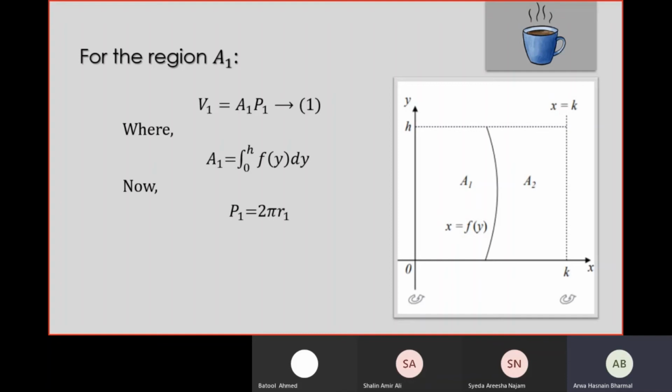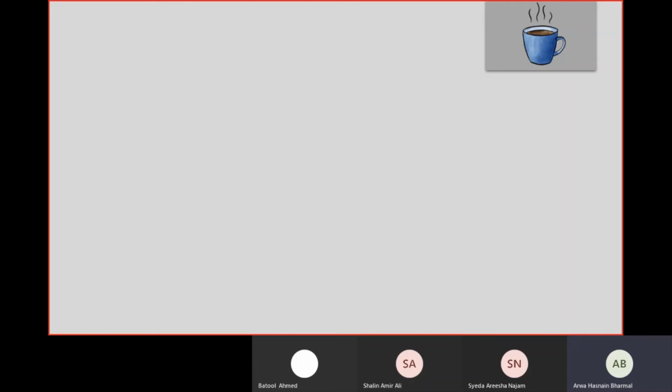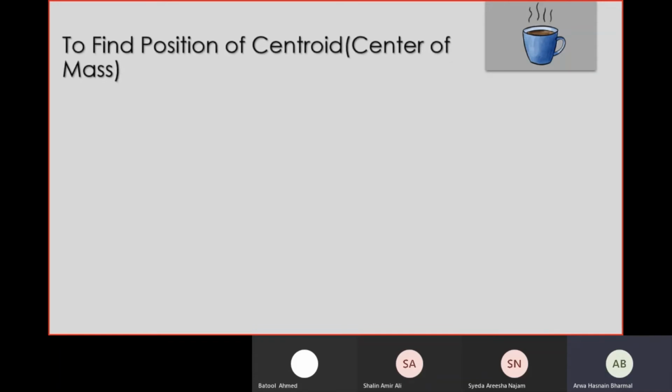Now here r1 is the distance of the centroid of the region from the y-axis, which is given by the x-coordinate of the centroid. Now, if you want to find the position of the centroid of any region, the formula for finding the x-coordinate of the centroid is given by the total moment in the x direction, or the total moment across the y-axis, over the total mass.